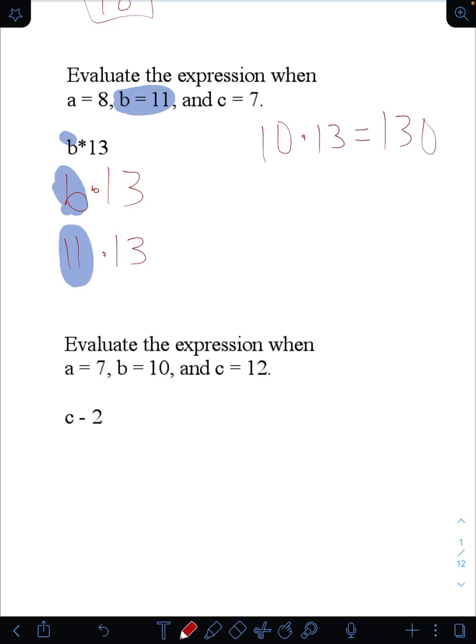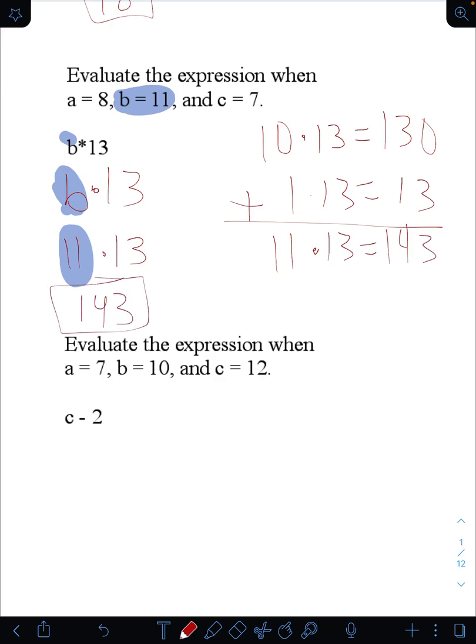That's 130. And I know 1 times 13 is 13. So if I add those up, I get 11 13s. And that's 143. Nice. Okay, let's look at the next one.